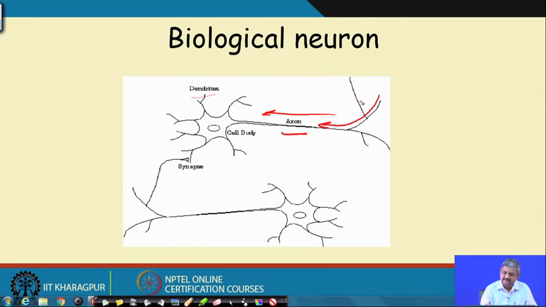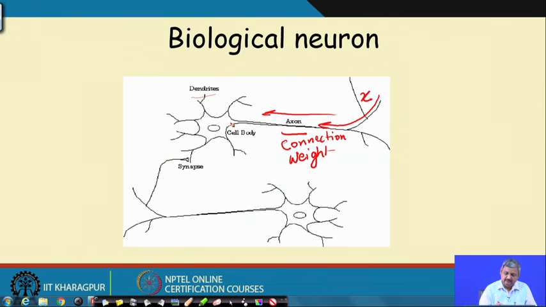So, here is the stimulus, let me call it input, and this is the connection, and each connection has a weight, it increases or decreases x.